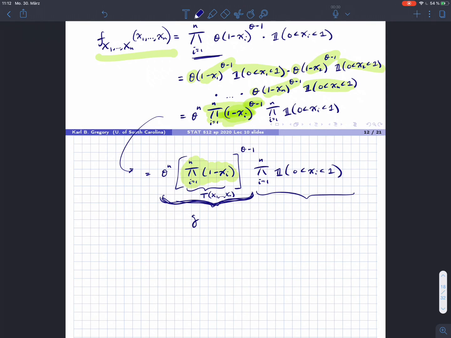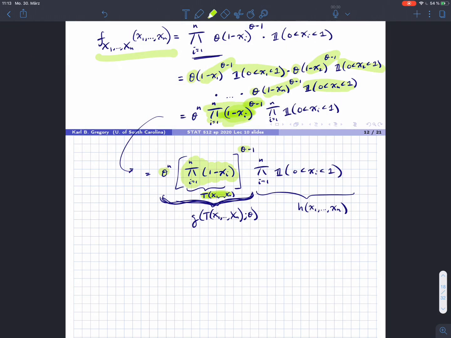So this whole thing I'm going to call my function g, which is a function of my statistic and the parameter. And this over here I'm going to call my function h, which involves only the data and not the parameter anymore.